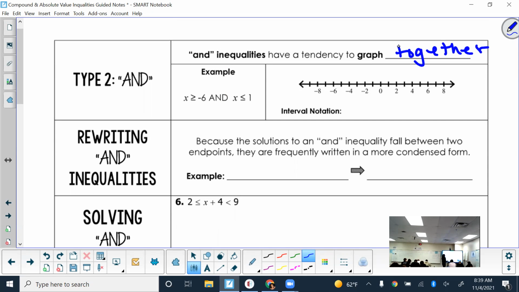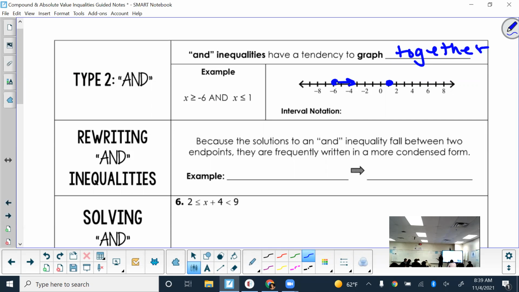So here's an example. We're going to graph it. Where do my circles need to be? Good. So on the -6, open or closed? On the 1, good. For x greater than -6, would that be to the left or to the right of this dot?